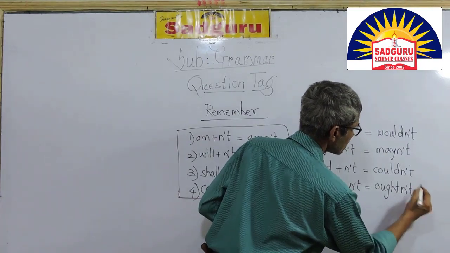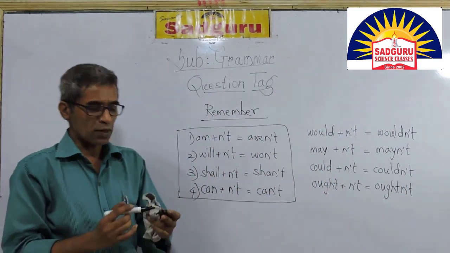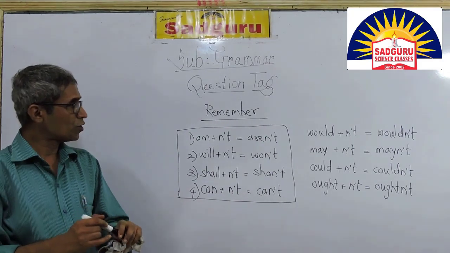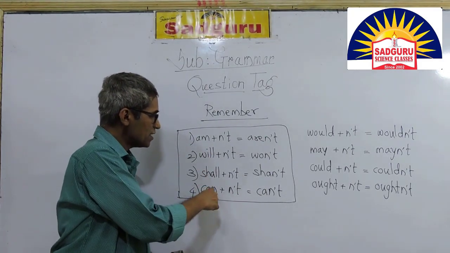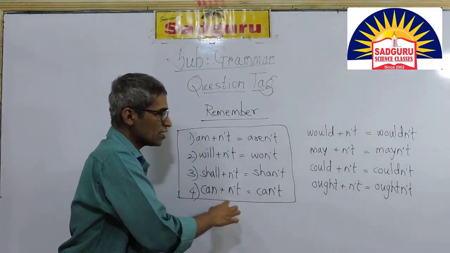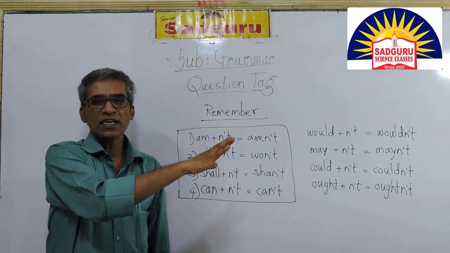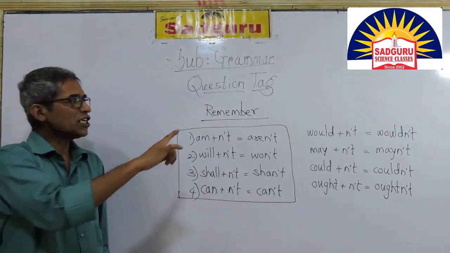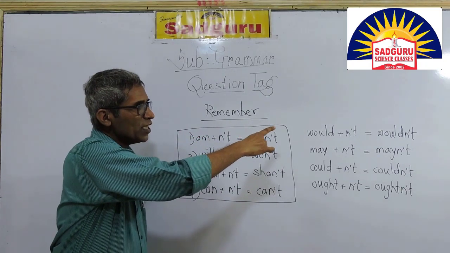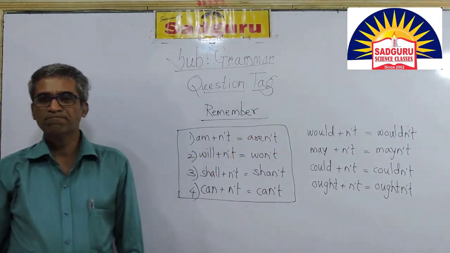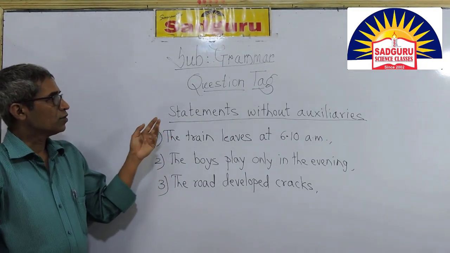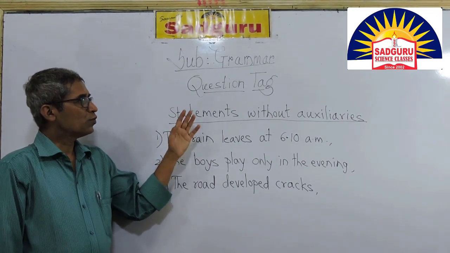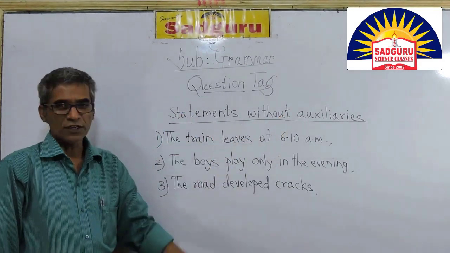Yes, that's the point you should remember. Only four auxiliaries have these changes. The remaining 20 auxiliaries don't have any change in their spelling when they combine with n't. Now let's learn statements which have no auxiliaries.